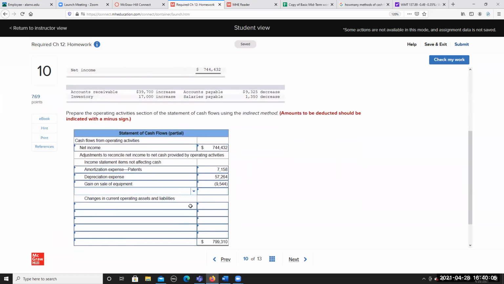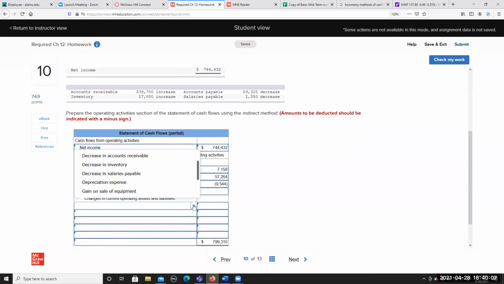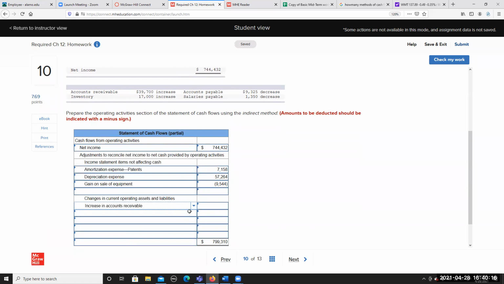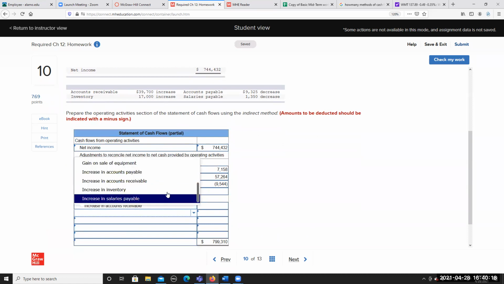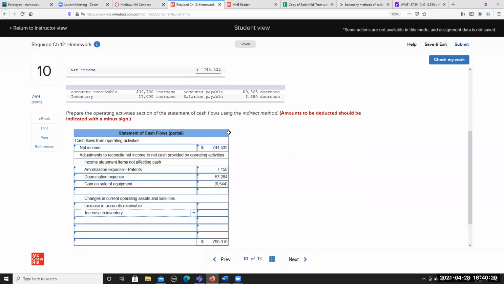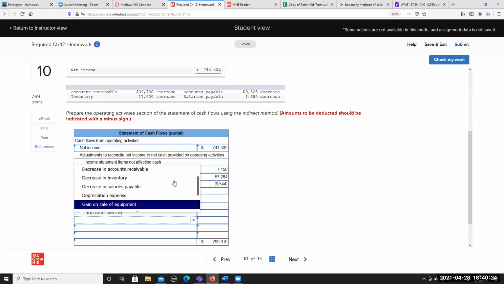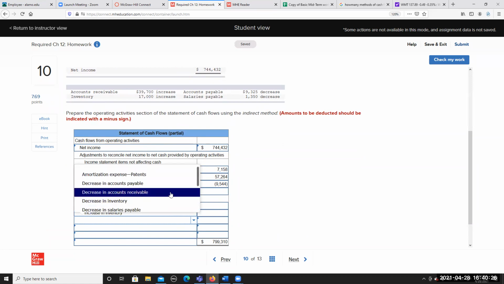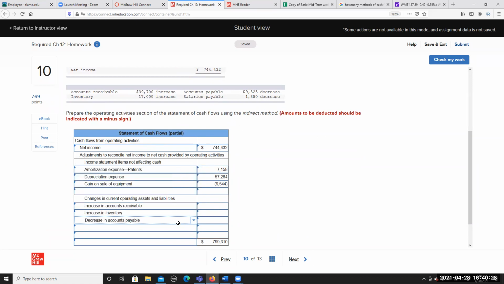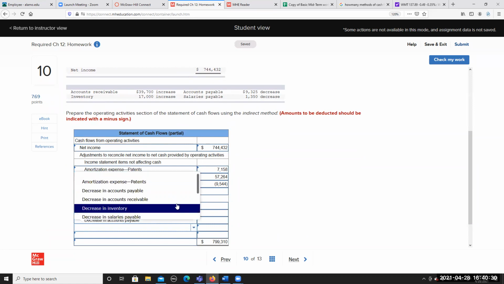And here it just gives you the accounts receivable. Accounts receivable went up. Increase in accounts receivable. Inventory went up. Increase in inventory. Accounts payable had a decrease. And salaries payable had a decrease.